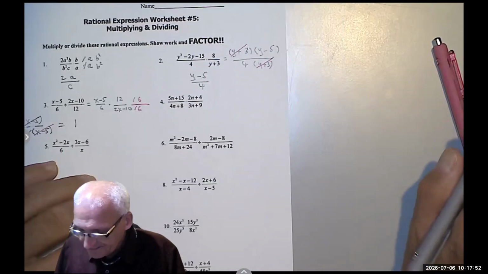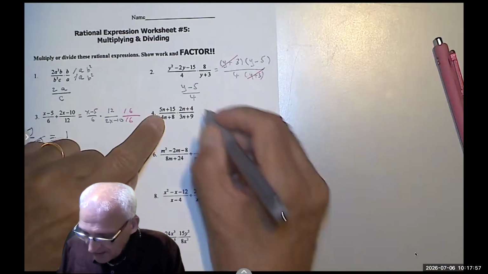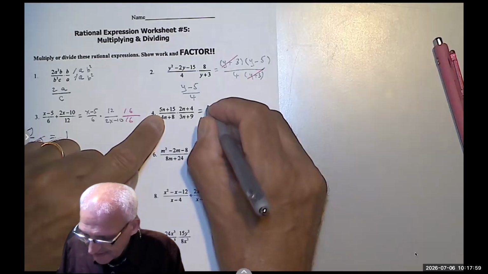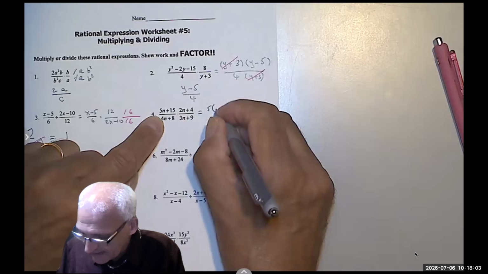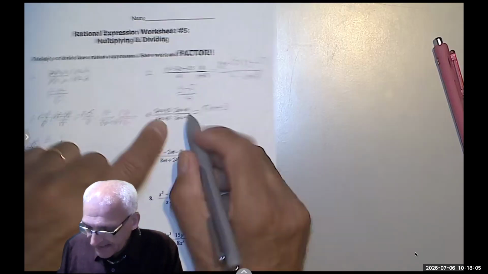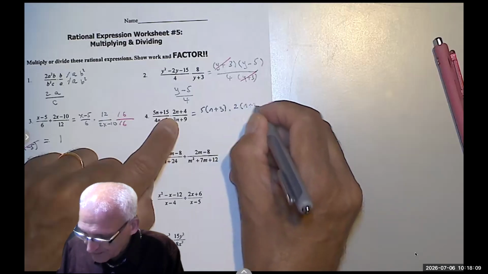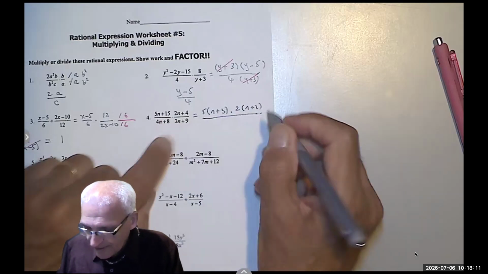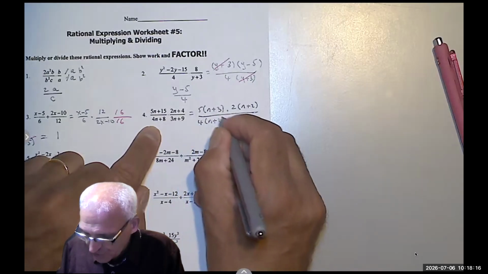Let's go here. I have a multiplication. The first term can be factored as 5, because 5 and 15, I can have 5 out with n plus 3. The second one, I can take from it 2, and that becomes n plus 2. The denominator, here I can take 4 out, and that leaves me with n plus 2.